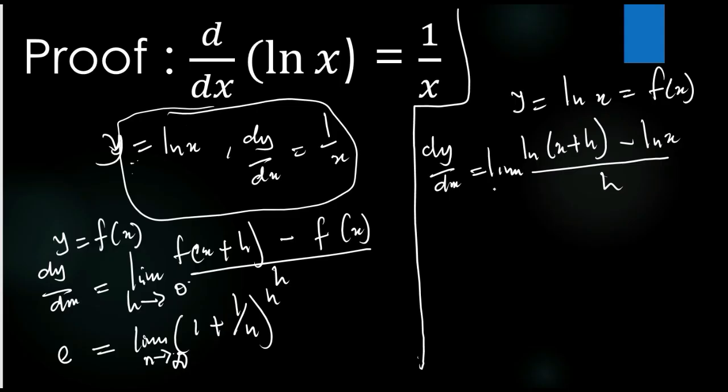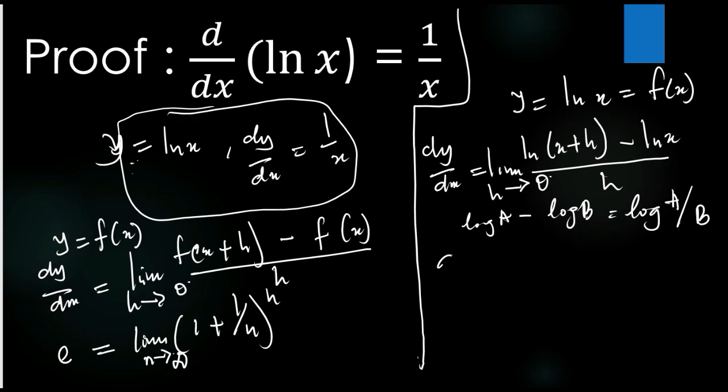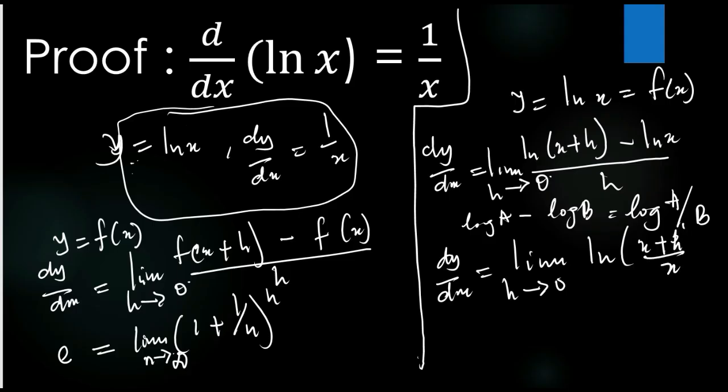Remember from basic logarithm that the log of a minus the log of b is the same thing as the log of a over b. So dy/dx is the limit as h tends to 0 of ln of x plus h all over x, everything over h.